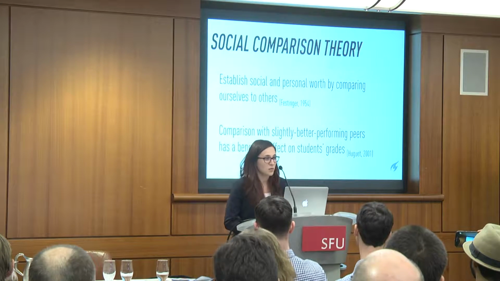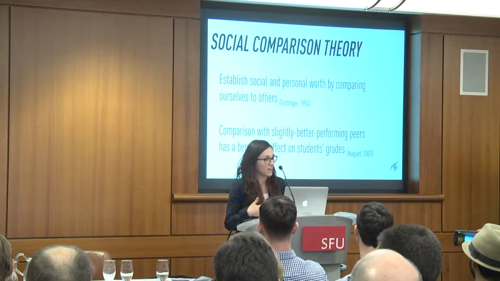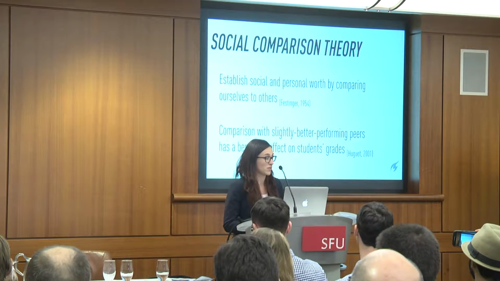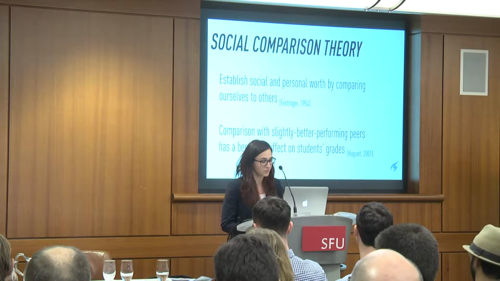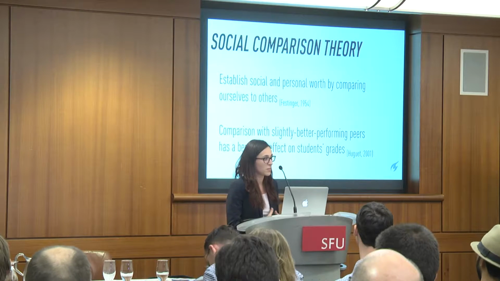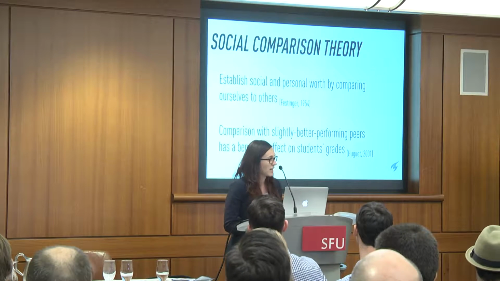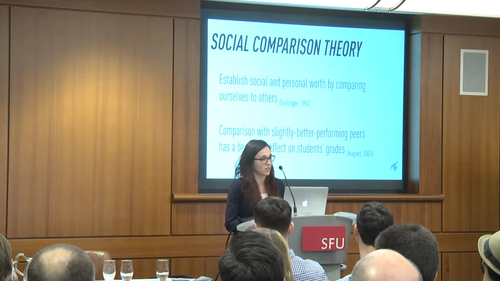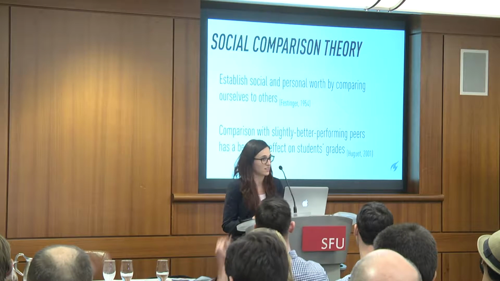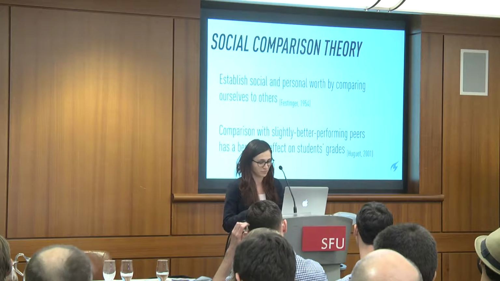This theory was extensively evaluated later on, and specifically in the field of learning. Some experiments show that comparing oneself with peers that do slightly better can actually support learners to perform better, and this is obvious in their grades.